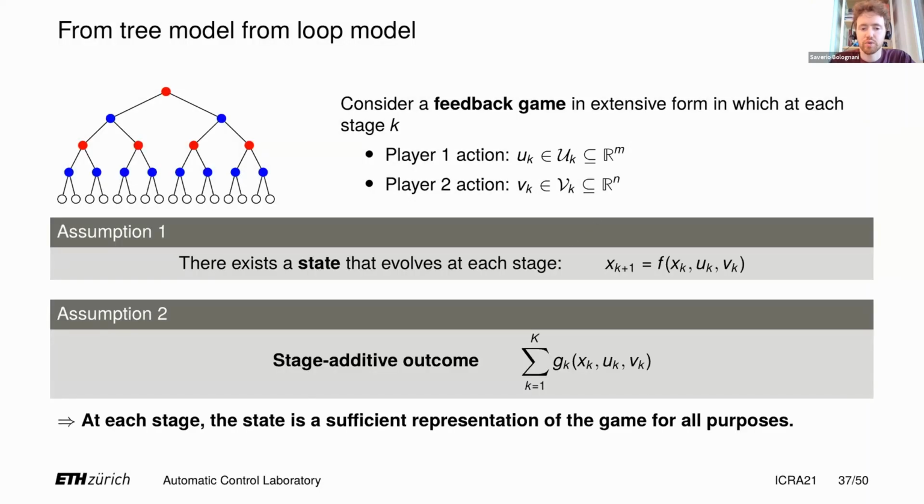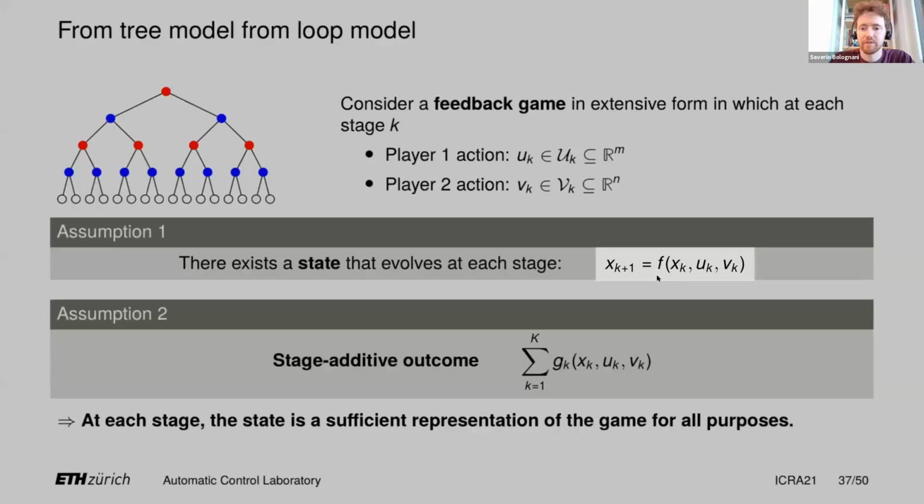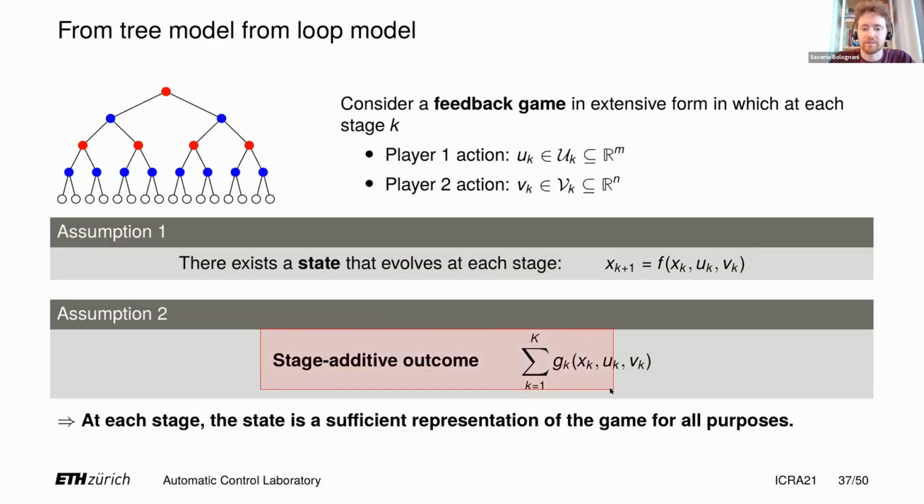Now, if you have these two assumptions. Assumption 1, there is a state that evolves at every stage, x_{k+1}, a function of the previous state of the game at stage k, input u for player 1, input v for player 2. And assumption 2, you have a stage additive outcome.